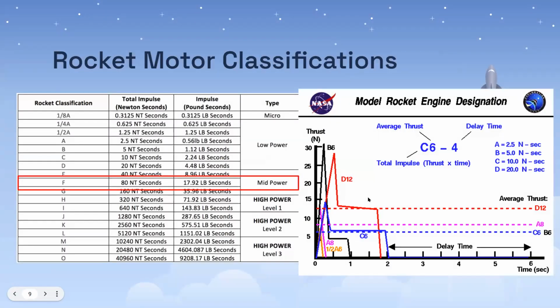So how we classify rocket motors is through a quarter or an eighth A to an O motor scale. And so from 1/8 A to O, it goes from really weak, shall we say, to very powerful.